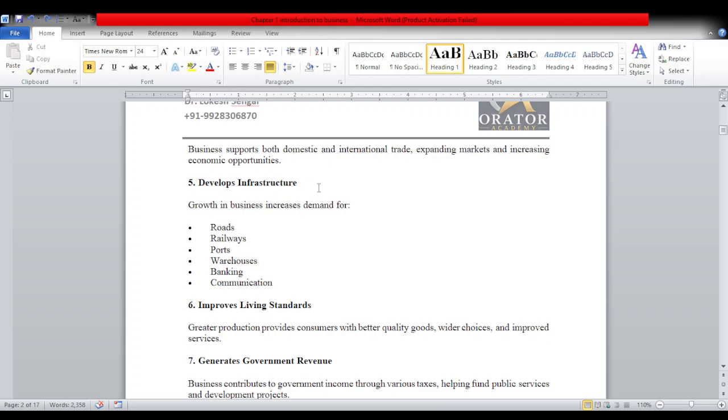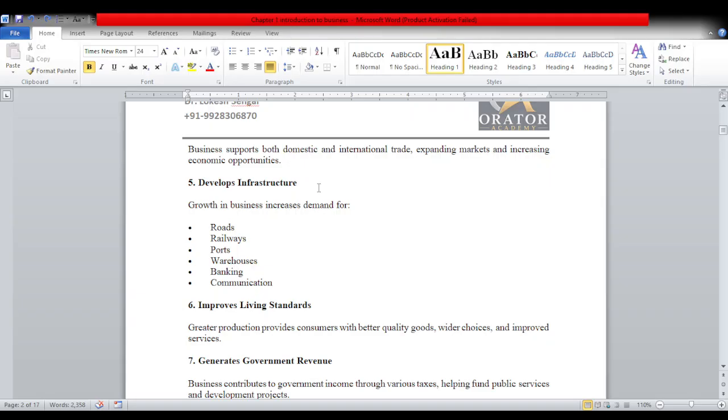Once you want to increase the business and its related activities, and if you want to export your product or services from one country to another, definitely you are not only producing the goods and services, but also designing and developing the infrastructure. Roads will help you to transport your goods.